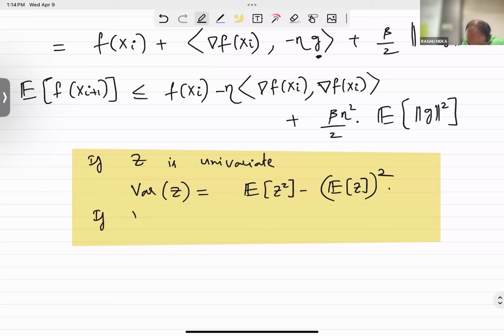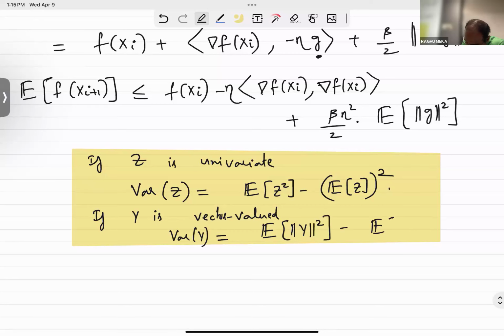So for example, if Y is vector valued, then variance of Y is expectation of norm of Y squared minus the norm of the expectation squared. So just the natural extension of this formula to vector valued things holds, where you just replace the square with the norm square. And you can prove this one coordinate at a time or all together at once. Either one would be fine.